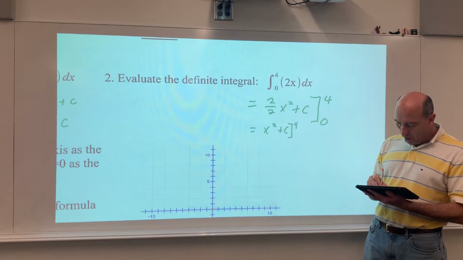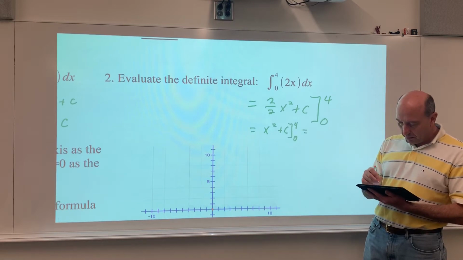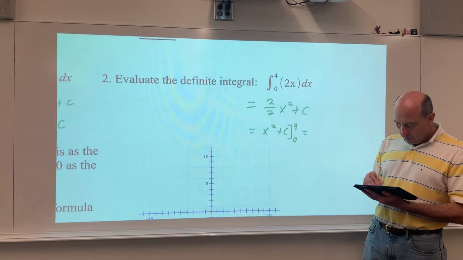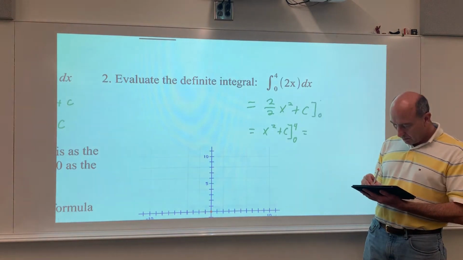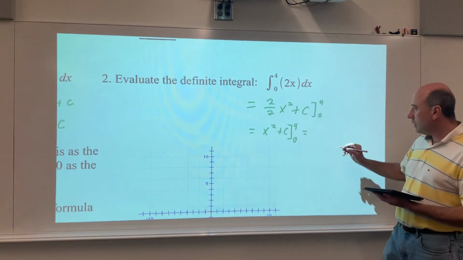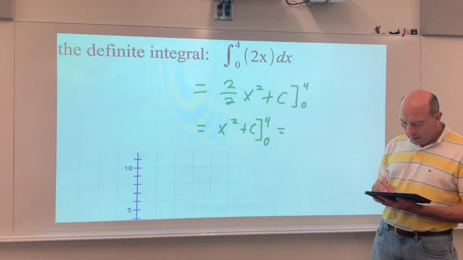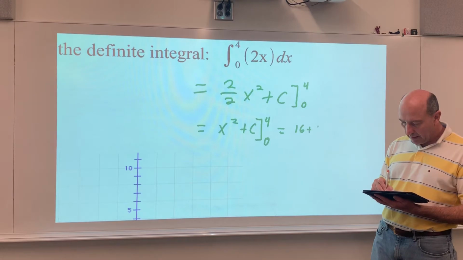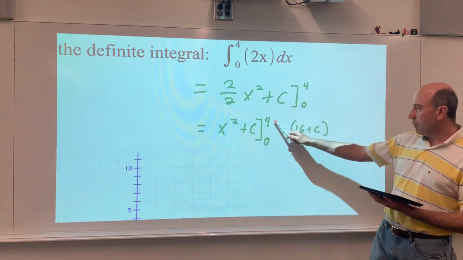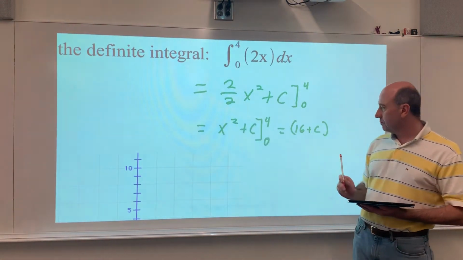Now we have to plug in 4, so 4 squared is 16 plus c. So now we're plugging in 4 for x.